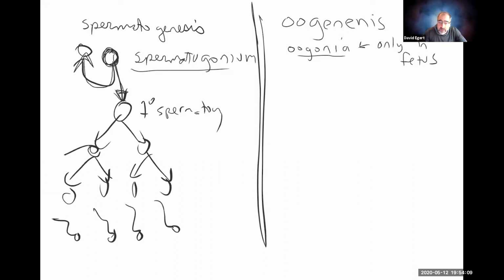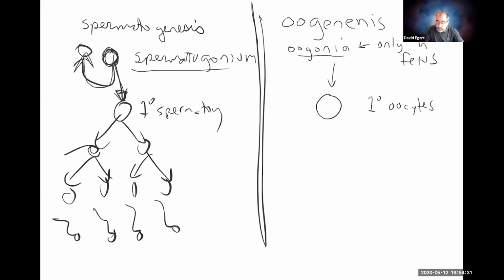They divide and commit, and we end up with what are called primary oocytes.